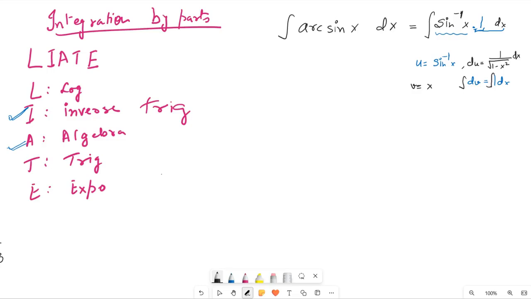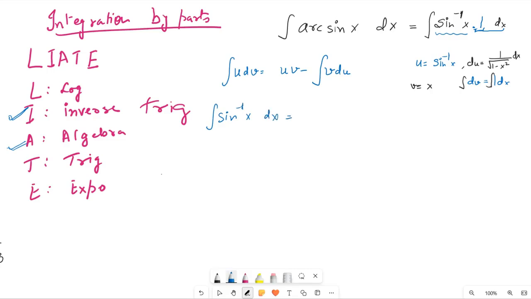Okay, let's write down our formula. Integral u dv is equal to uv minus integral v du. That is your integration by parts formula. Using that, we can name our question, which is sine inverse x dx.